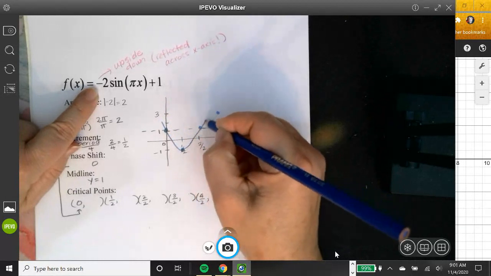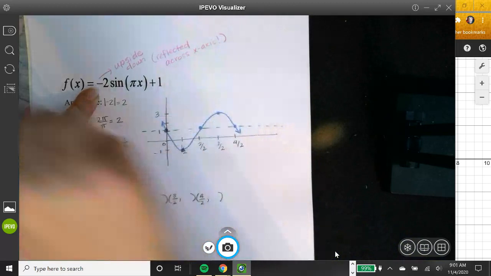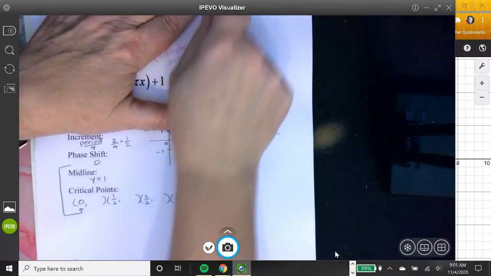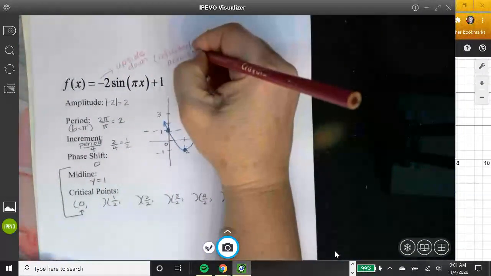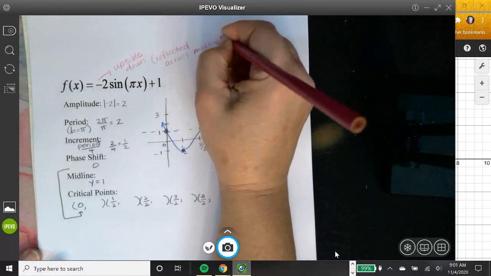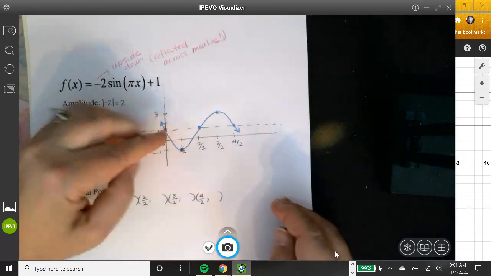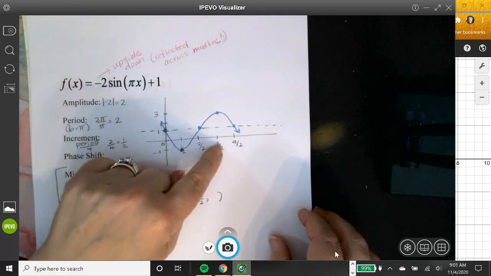Now, when I say reflected across the x-axis, that's not really right, is it? So I should erase that. I don't know if the red will erase, but there it is. It's reflected across the midline, isn't it? Right? Because if it was positive, it would go from here to here to here to here to here.